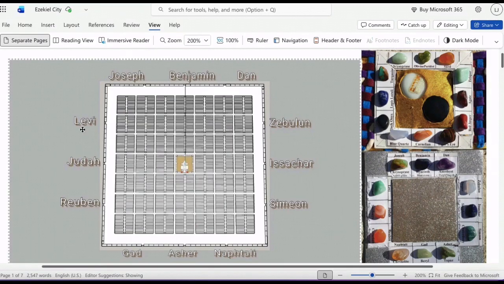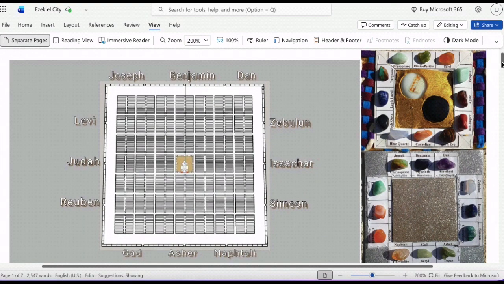Here, Levi, Judah, Reuben, Levi, Judah, Reuben. And here we have a slight difference, but we have Naphtali, Gad, Asher. And here we have Gad, Asher, Naphtali. So, slight difference in the west, but we have shown you in previous videos how we found out the breastplate corresponds with New Jerusalem.